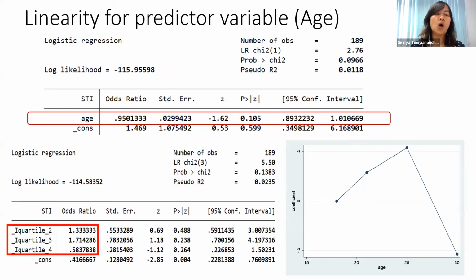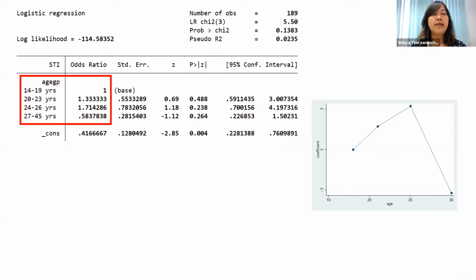We should classify into quartile groups. In the next slide, we classify age into quartile groups, with the first group, age 14 to 19 years, as the reference. We also see an increasing trend of the odds ratio from age 20 to 23 and 24 to 26, and then it drops and decreases in the last group, age 27 to 45. So that is quite different in the last group.